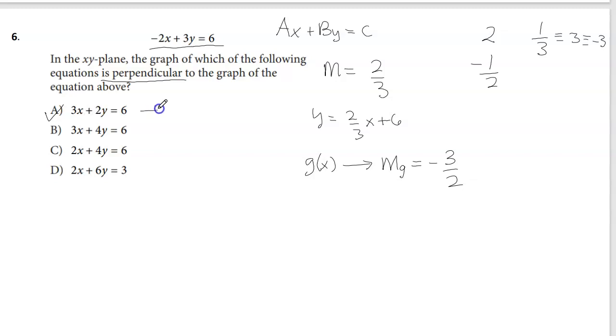So this one is going to look like this. 3x over 2 plus y equals 6 over 2. Here I made a little mistake, but it doesn't matter.